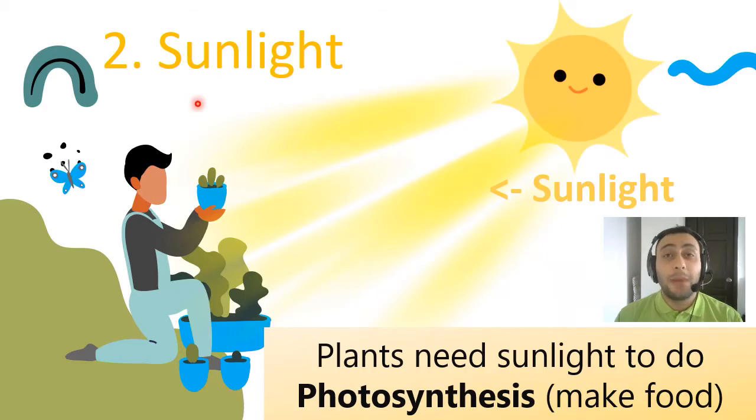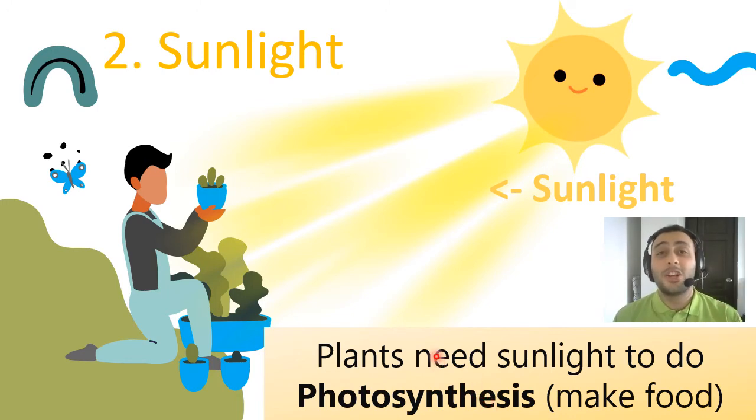Now, as much as plants need water, they need sunlight. Now, sunlight comes from the sun. Sun gives us sunlight. Plants need the sunlight to do photosynthesis. Do you remember photosynthesis? I hope you remember.